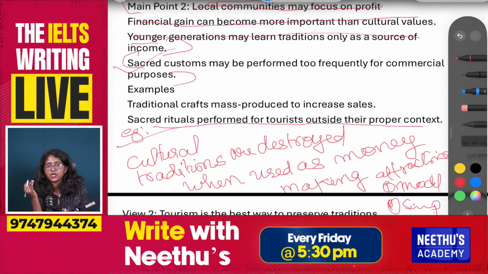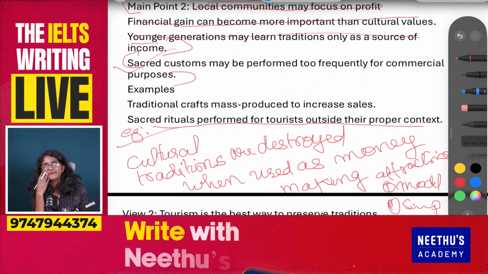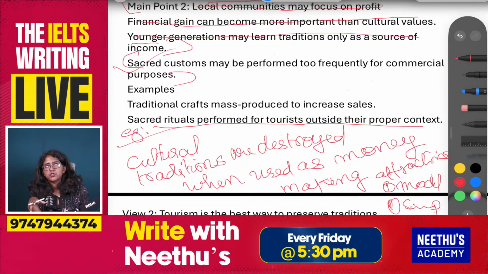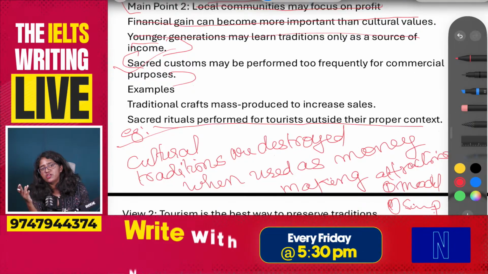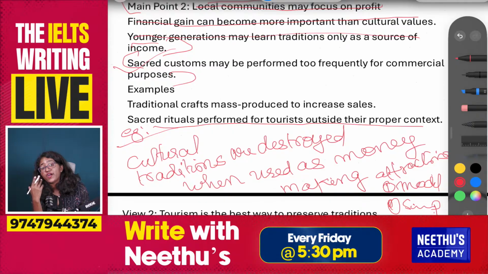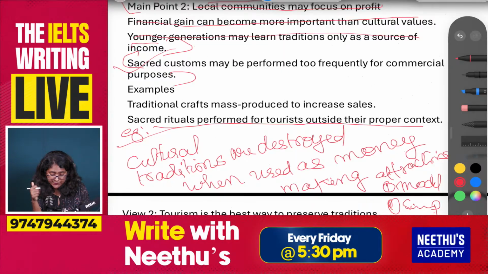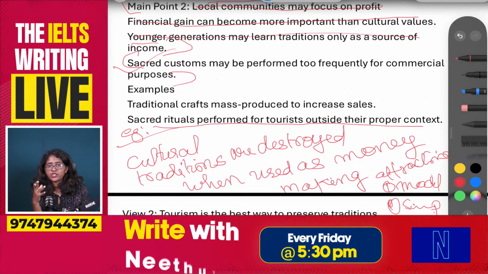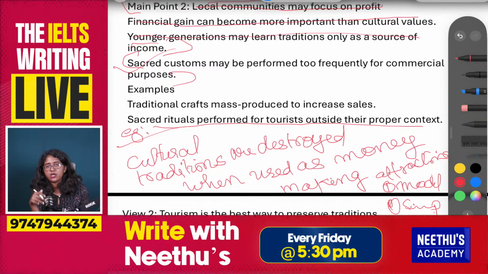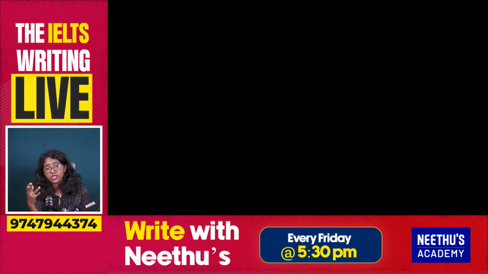For example, there is a temple, you can give it a name, Vaishnav temple. In Vaishnav temple, there is an important traditional culture in which the pujari performs, ideally it has to, puja.